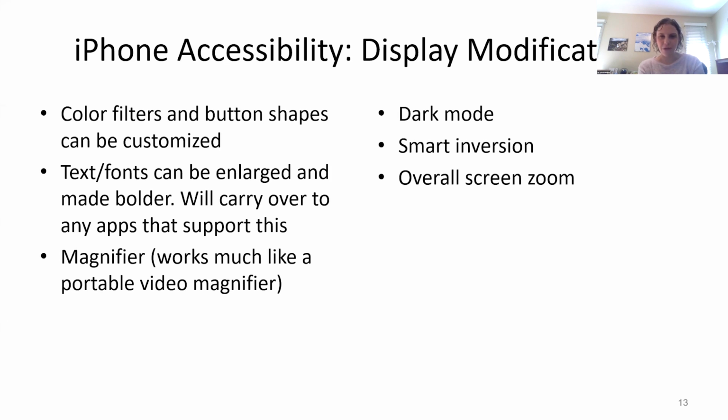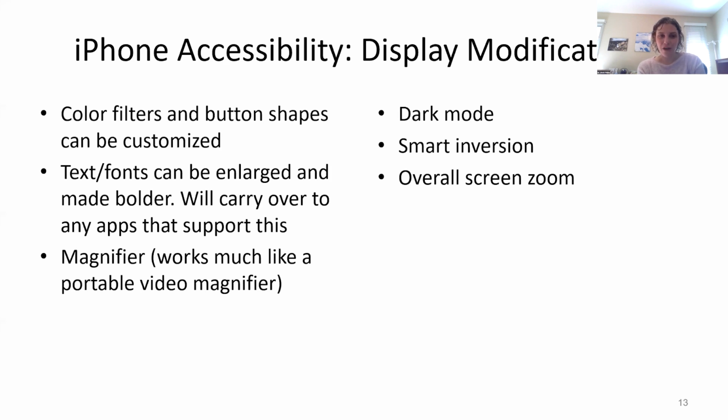Much like the Android phones, I'm not sure that the boldness is that effective for people with vision impairment. Obviously, the larger font size can be very helpful. And on the iPhone, that enlarged text will carry over to any apps that support it. That is not quite as seamless on Androids right now, but it's getting better.